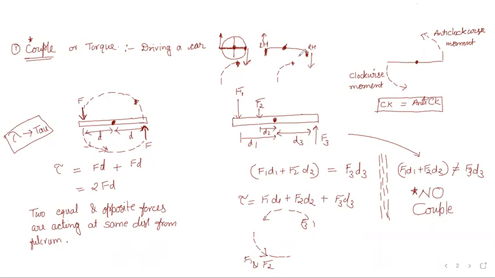We can apply this concept of couple. In short, to get a real balanced action which results in a turning effect, we must have a condition that the clockwise moment must be equal to the anti-clockwise moment.